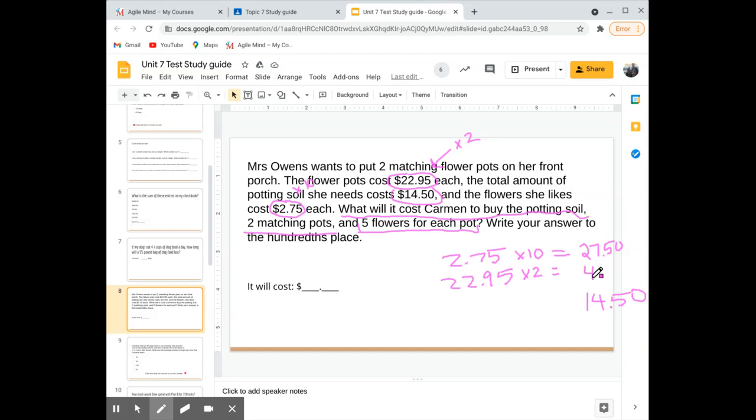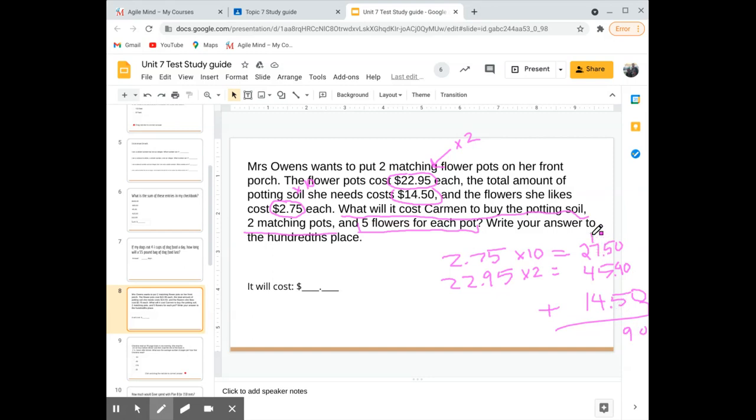And what do I need to do with all of these? Add them. Okay. So what's 0 plus 0 plus 0? 0. All right. What is 5 plus 5? 10. Plus 9? 19. Good.